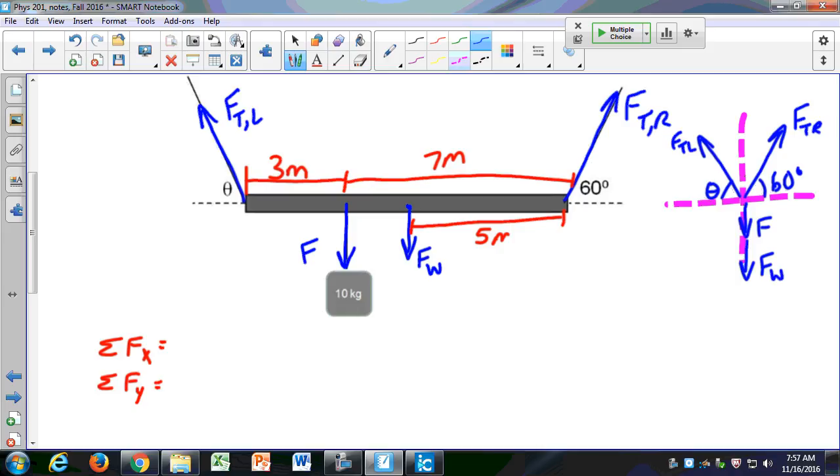I can find the X and Y components. Let's see, I'll do them in magenta. Right here, this is FTL cosine theta. This is FTL sine theta. And then I have FTR sine of 60, and FTR cosine of 60.